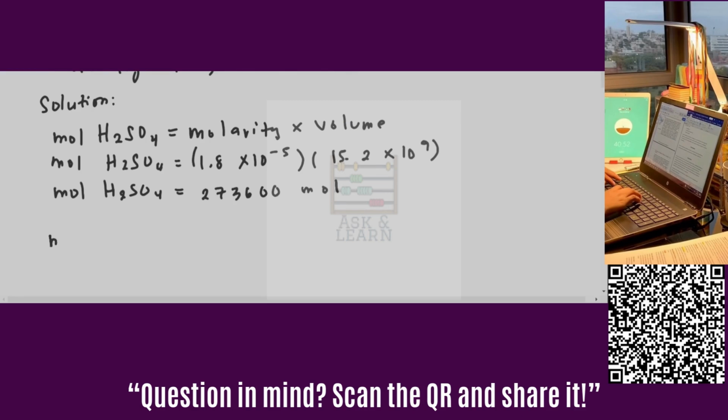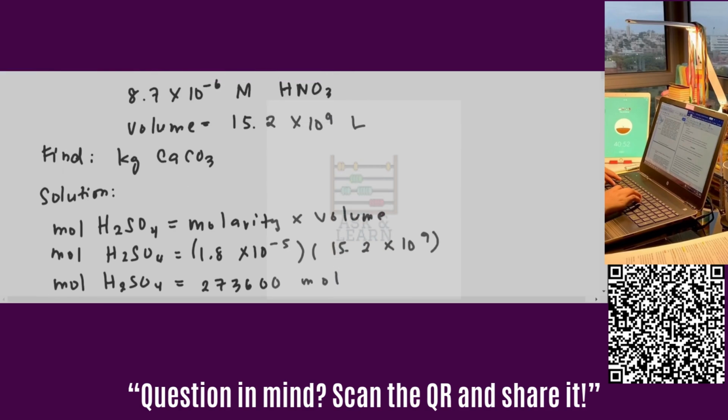Let us also compute the moles of nitric acid by still multiplying the molarity by the volume.